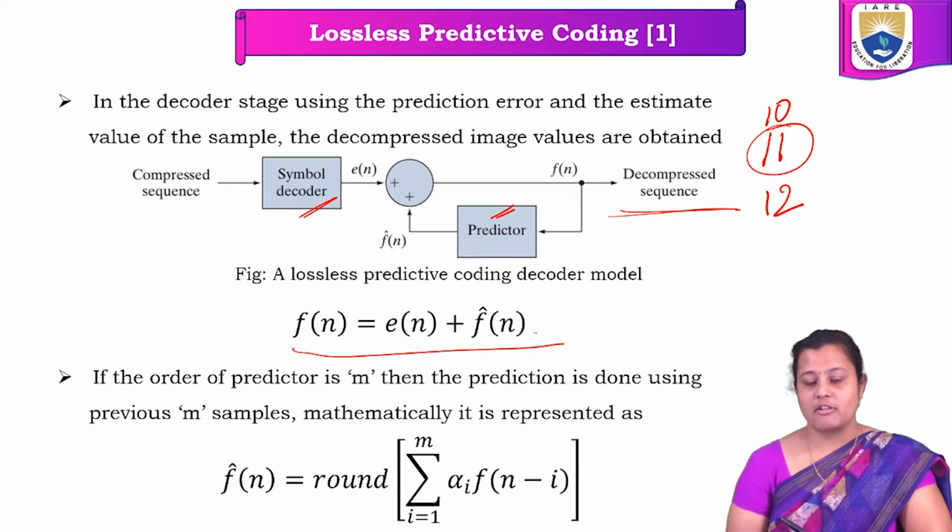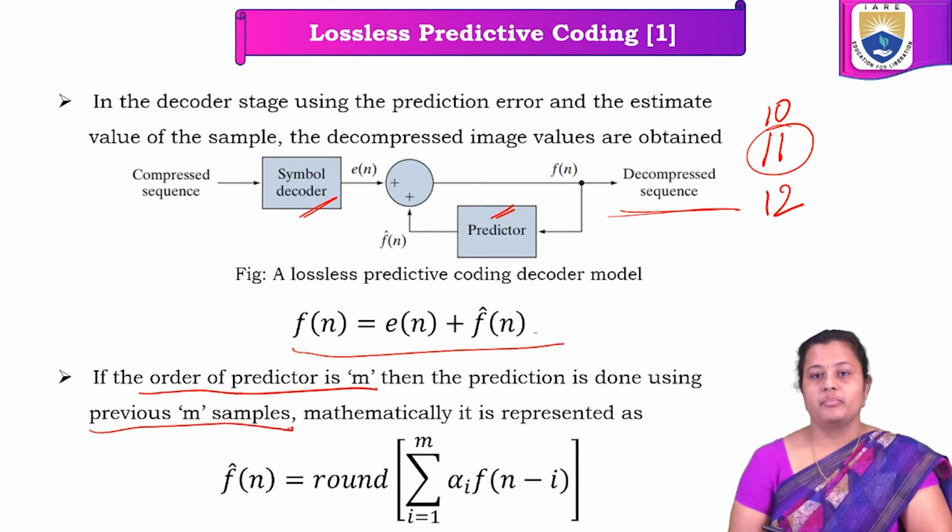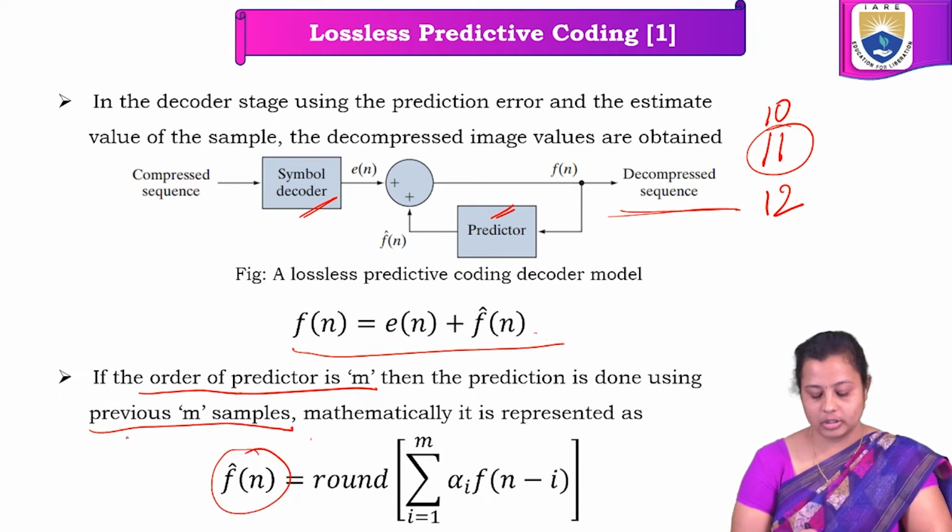Suppose the order of the predictor is m. That means I am going to consider m previous samples to predict the present value. So for the f cap, the present value I'm predicting, I'm using m pixel values.